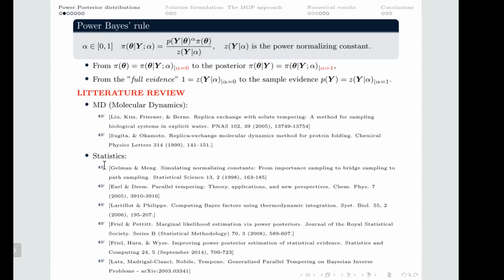Instead of constructing the PDF itself, they are just constructing a sample. What we are going to propose today is a different approach. We would like to construct the PDF, not the sample itself.